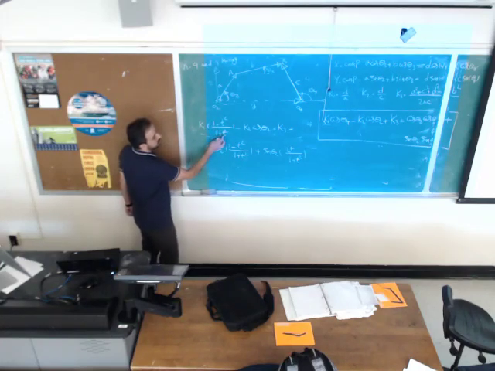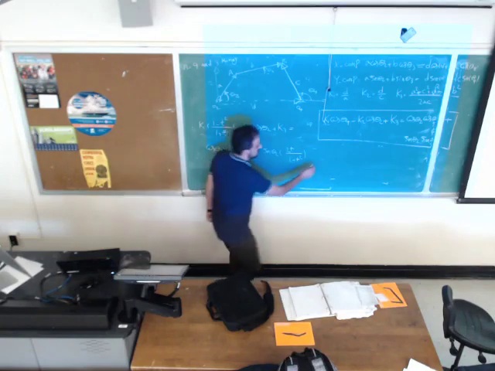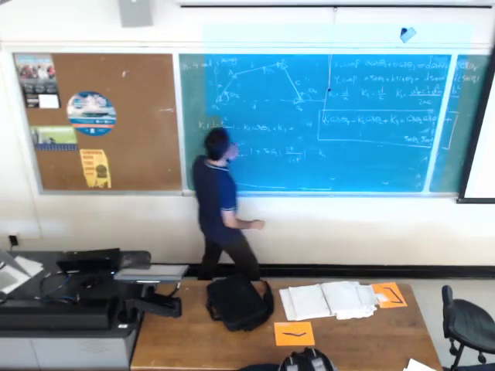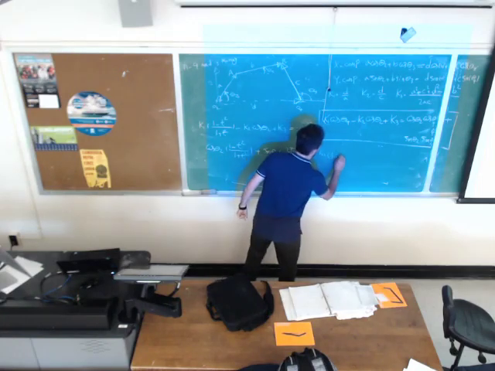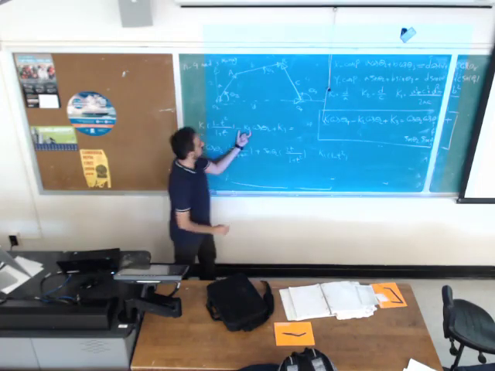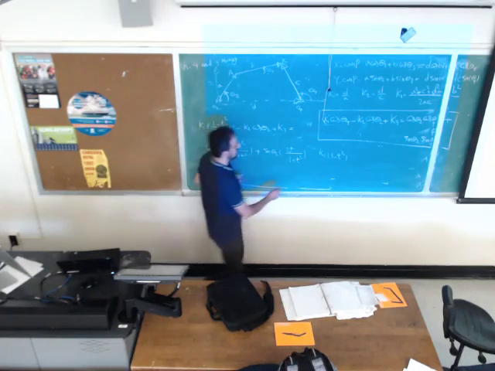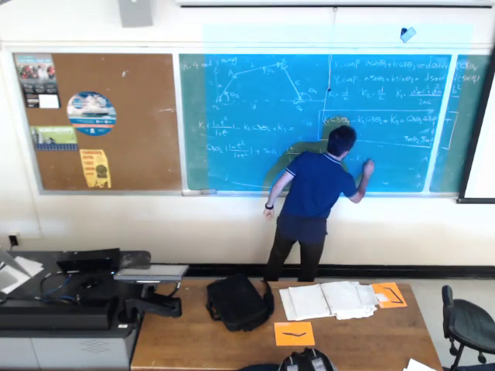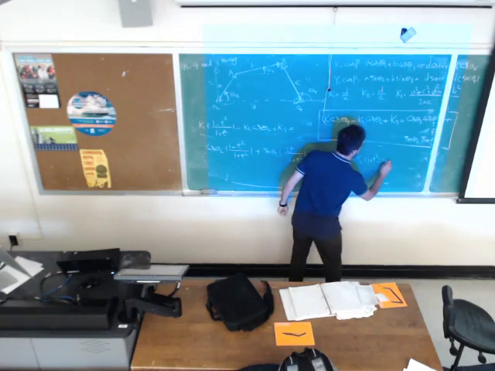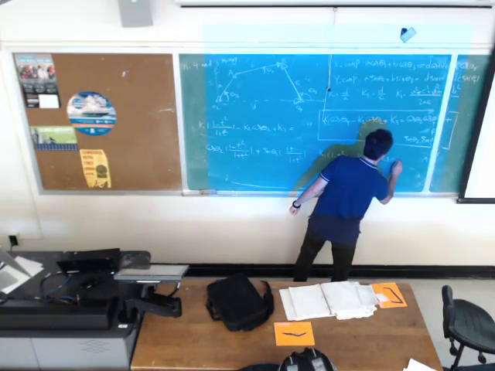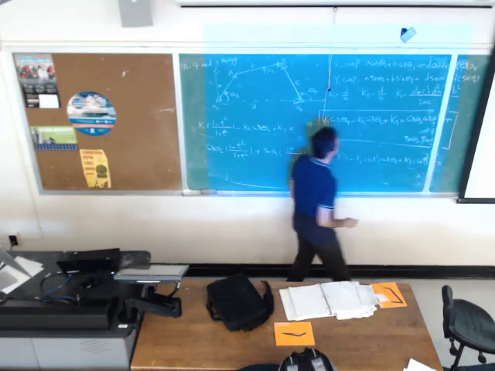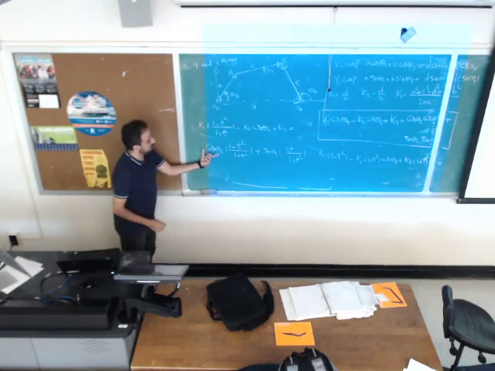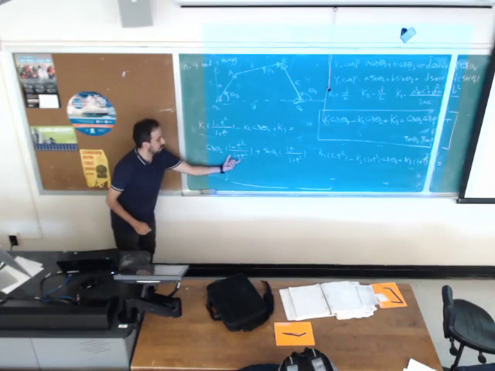I multiply both sides by 1 plus t squared. k1 times 1 plus t squared, I will get 1 minus t squared. This one, I should multiply by 1 plus t squared, minus k2 times 1 plus t squared times cosine of theta 2, plus k3 times 1 plus t squared, equals to... 1 plus t squared can be cancelled out with this.